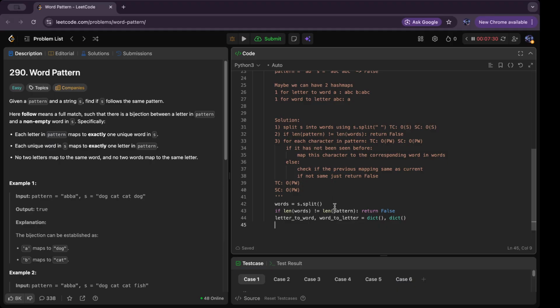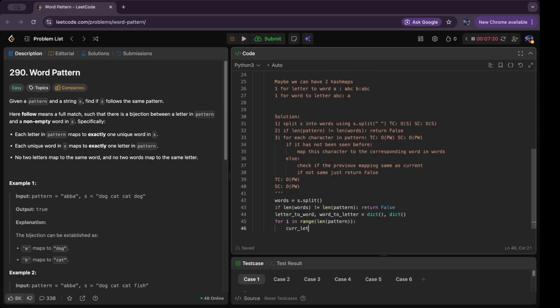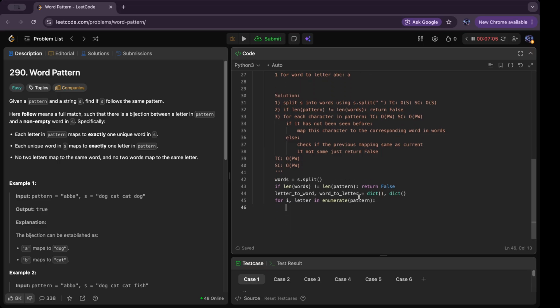Since they are the same length, right, letter equals to enumerate of pattern, word equals to words of i.